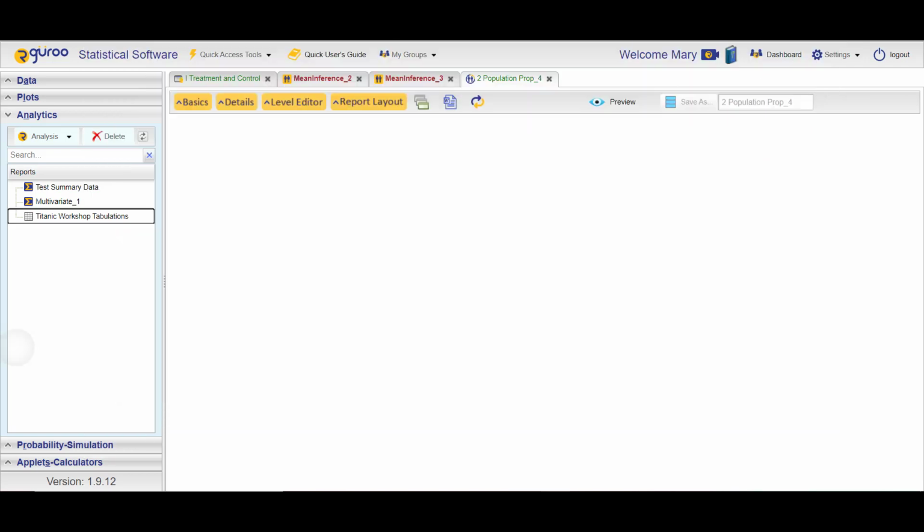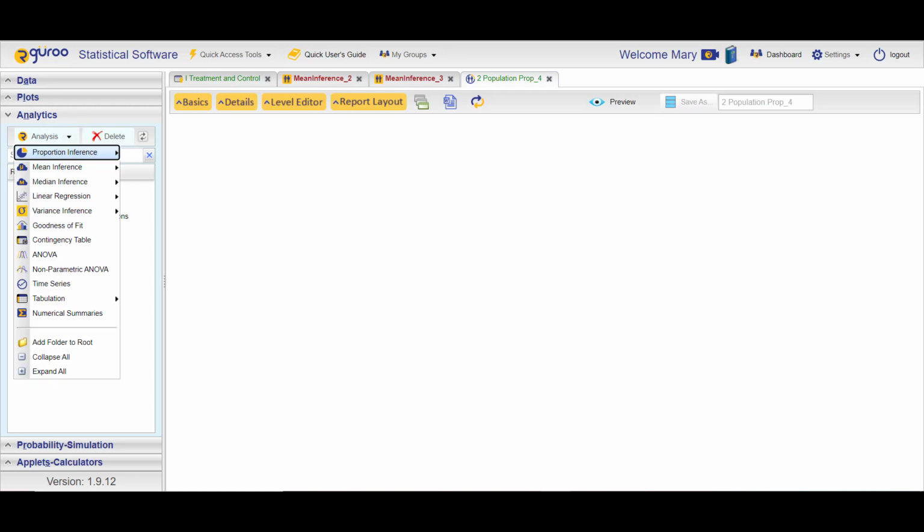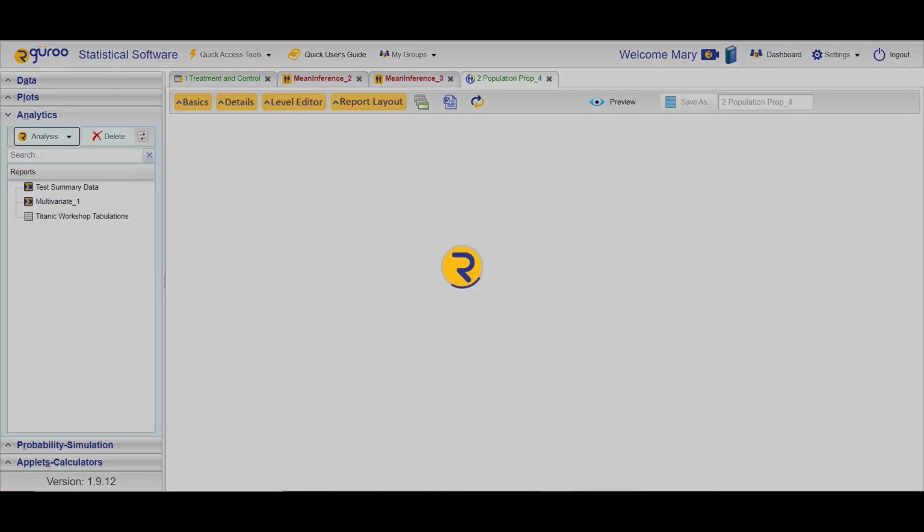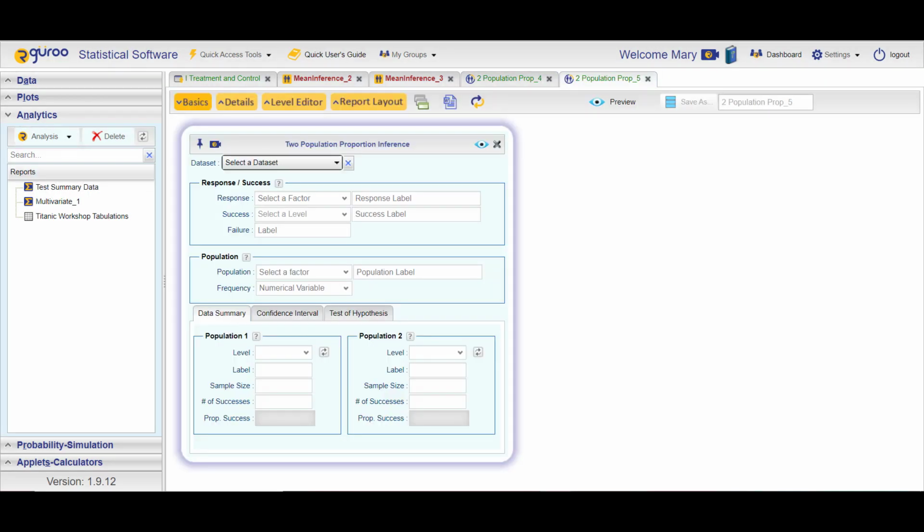All right, so let's go to the other screen. We're going to go Analytics tab, Analysis, Proportion Inference to Population. And the response variable, what we're collecting data on, is weight. And it's a success if they say that they are overweight. The population we're looking at is 6 to 11-year-olds.